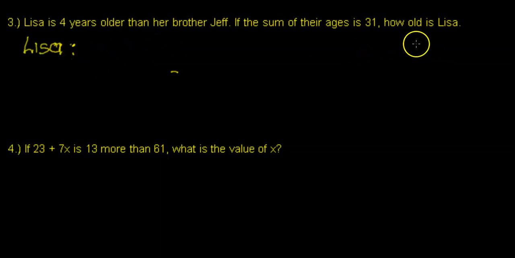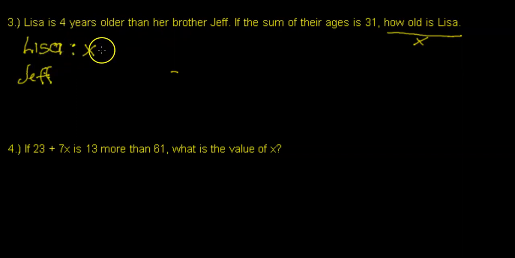So it says, how old is Lisa? Let's try and represent Lisa's age with the letter X, which is the unknown. So if I say Lisa is X here, then Jeff, who is 4 years younger than Lisa, according to this information, he says Lisa is 4 years older.